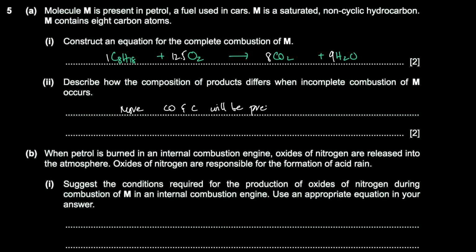If we have less oxygen available, you're going to make carbon monoxide, and if you have very little oxygen, then you're going to make carbon, or soot. And of course, we're also going to have less CO2. They're saying we have to compare the composition of the products, so less CO2 will be present.